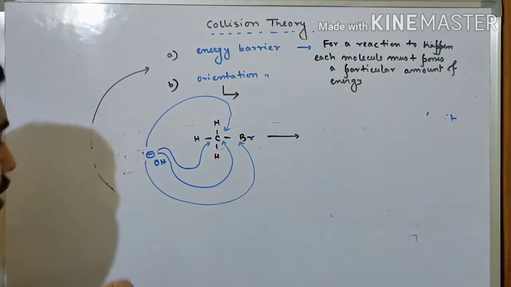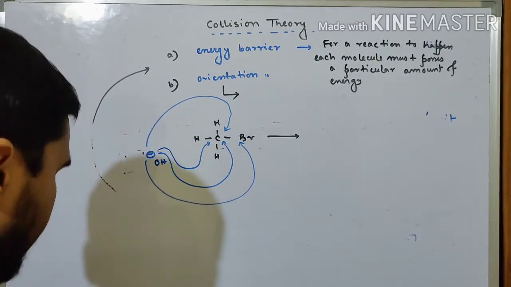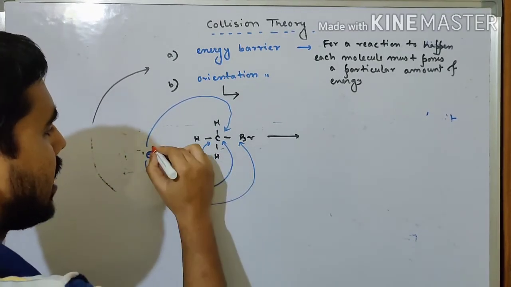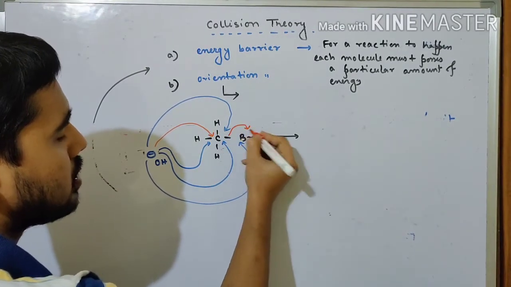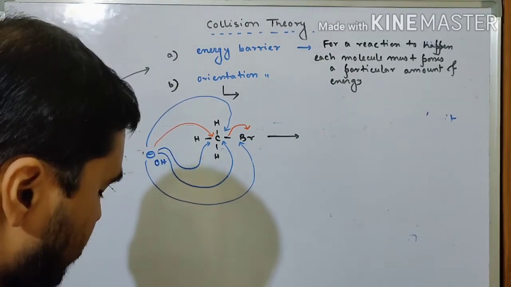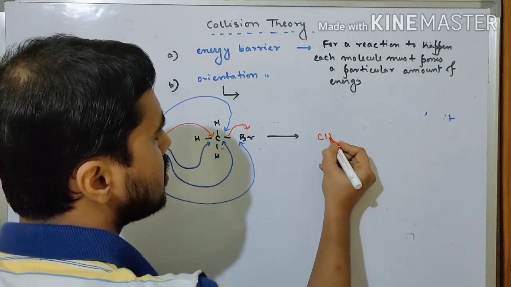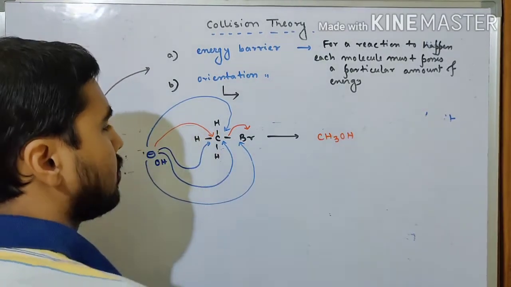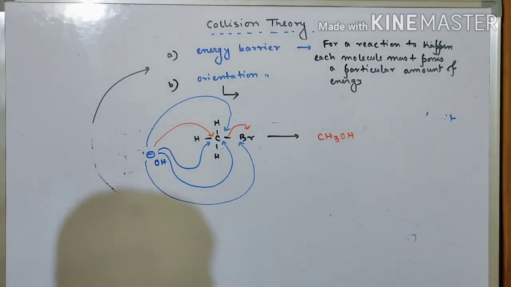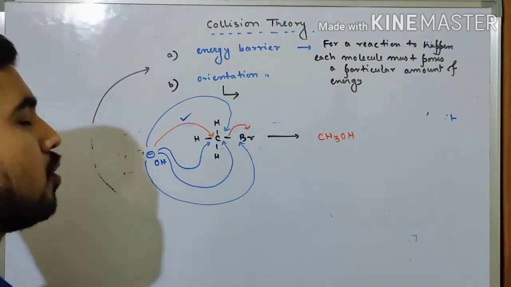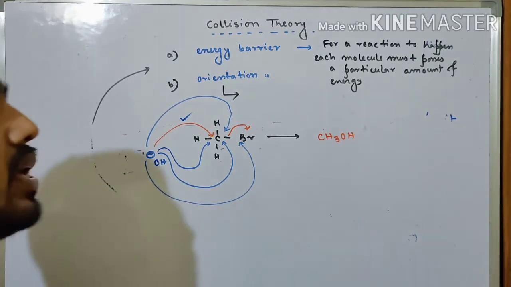But out of all these ways, only when it comes exactly from behind, then only the bromine is removed and it gives rise to the formation of CH3OH. So the correct orientation is important. The correct way of approaching is important. So that is called the orientation barrier.